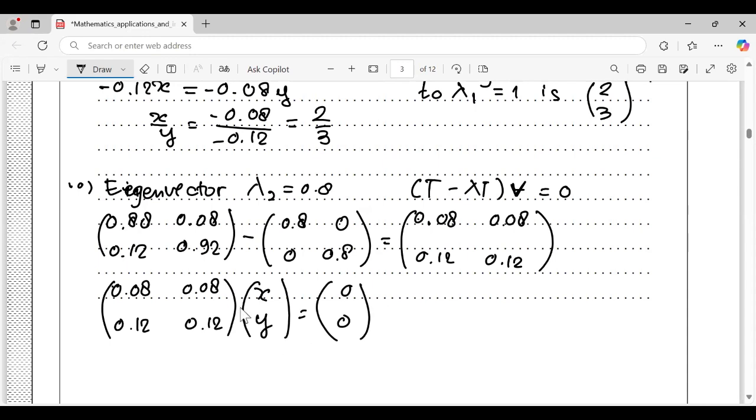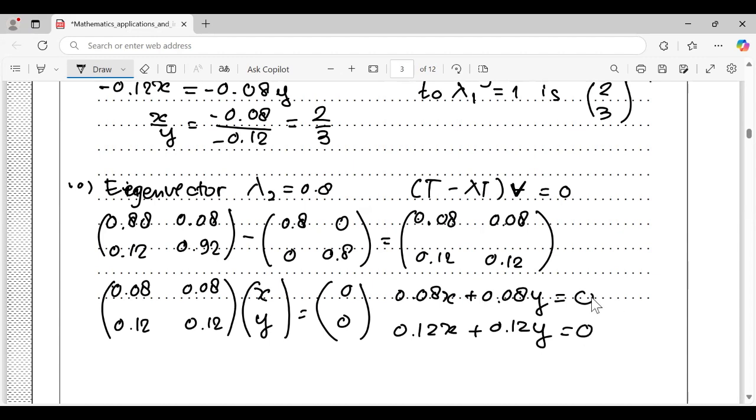So there are two linear equations. The first is 0.08x plus 0.08y equals 0. And the second, 0.12x plus 0.12y equals 0.